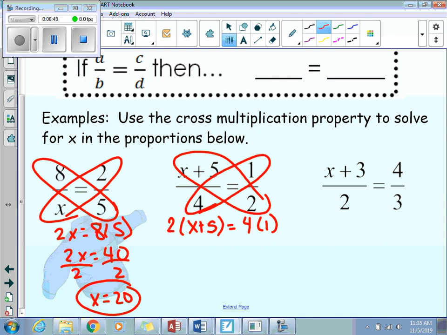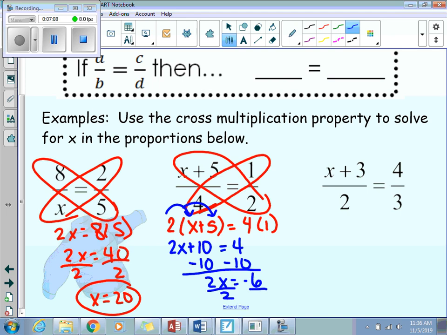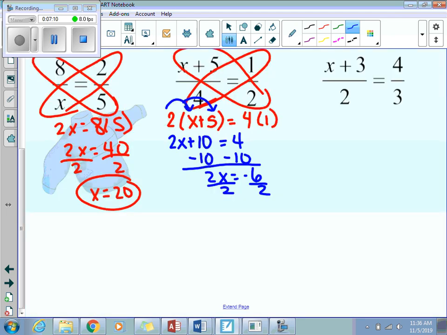So I've got to distribute this 2 to both terms. So I'm going to get 2x plus 10 equals 4. And then we're going to solve from here. So we get 2x equals -6. Divide by 2. So x is equal to -3.